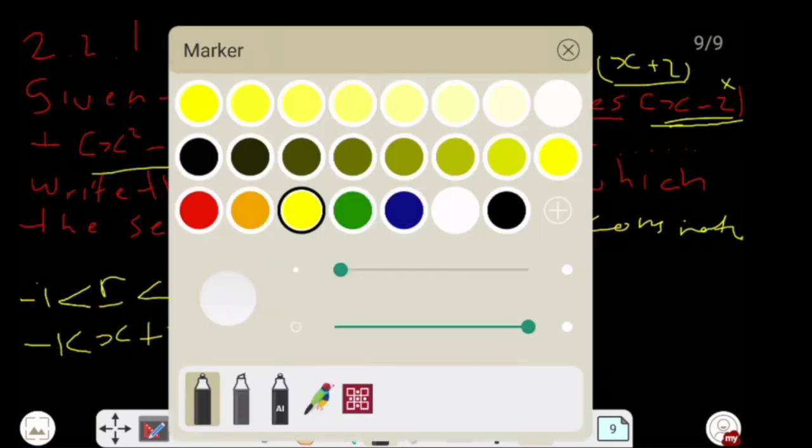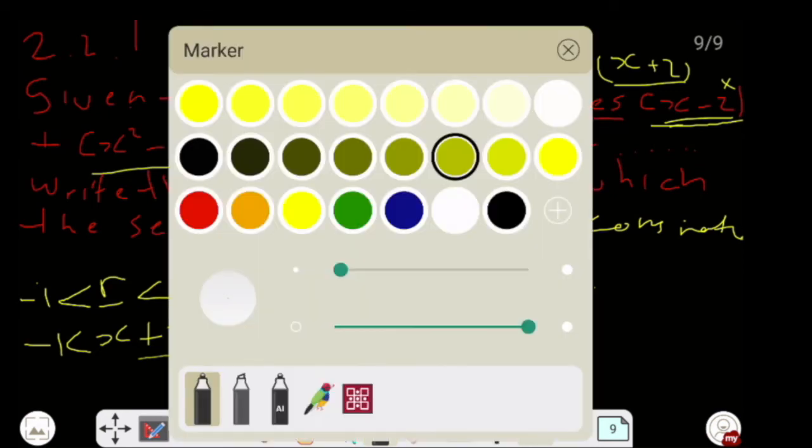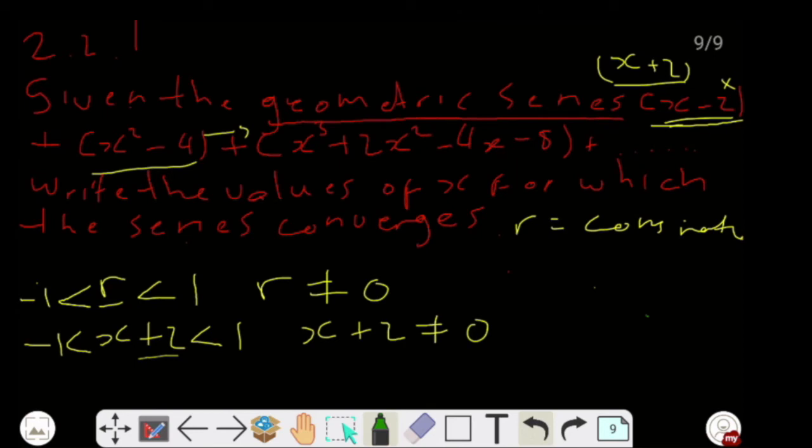But then remember, we are not looking for x plus 2. We want the values of x, meaning if I want to get rid of this 2 here, what I simply need to do is put minus 2 on either side of my inequality.